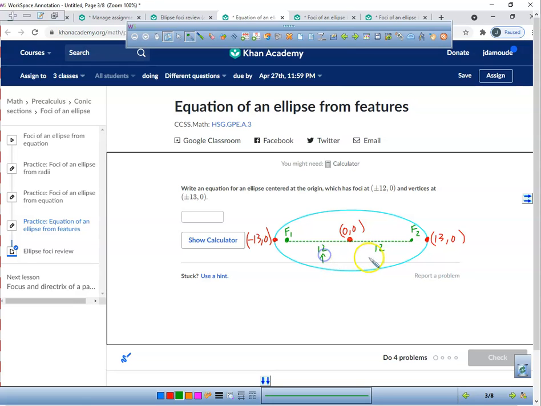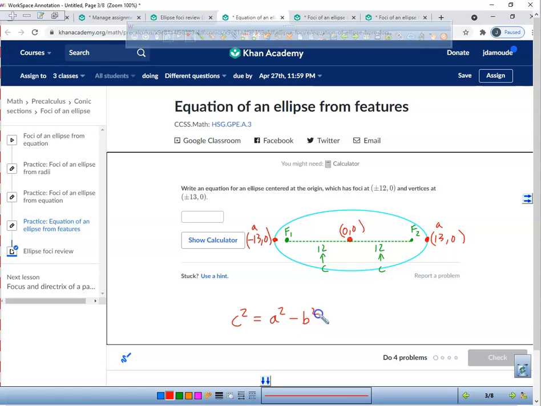Now, what does this represent? This represents our C value, right? That's our C value. What does the 13 represent? That represents our A value, okay? So remember, ready? C squared equals A squared minus B squared. So here we go. What's our C value? 12 squared.